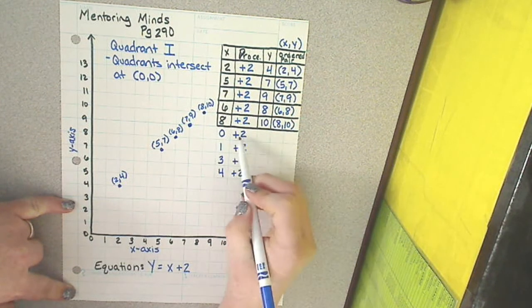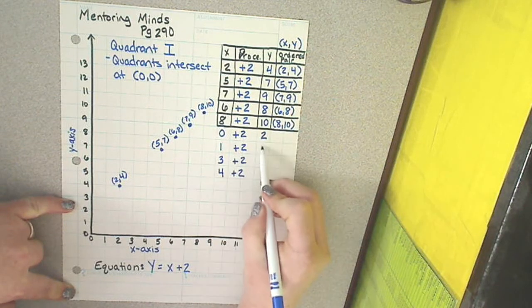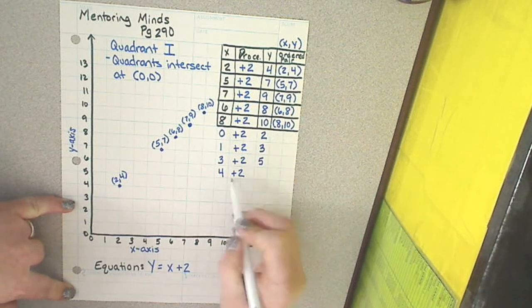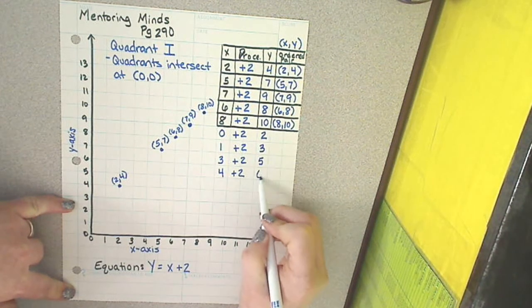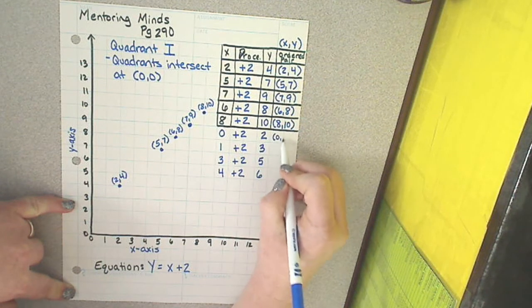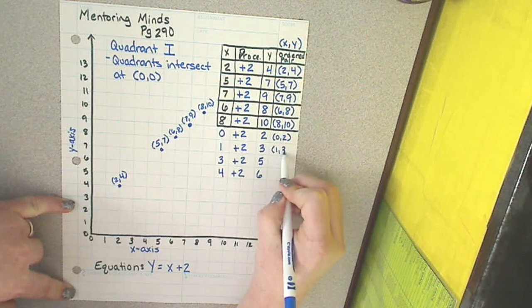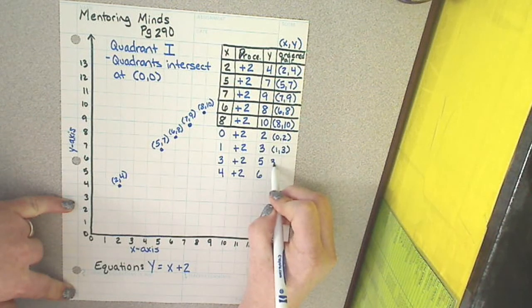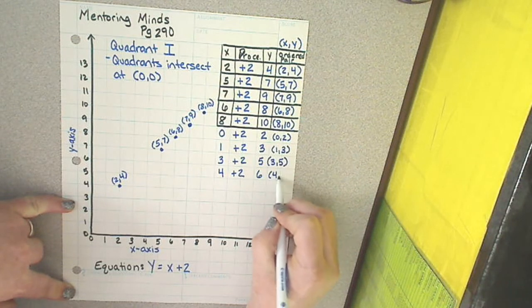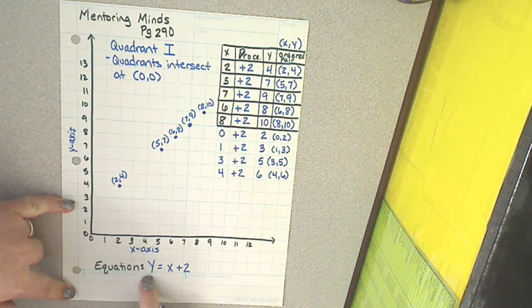So in this case, 0 plus 2 is 2, 1 plus 2 is 3, 3 plus 2 is 5, 4 plus 2 is 6. So our ordered pairs are going to be 0, 2, 1, 3, 3, 5, and 4, 6.